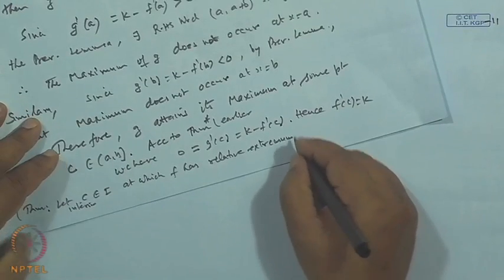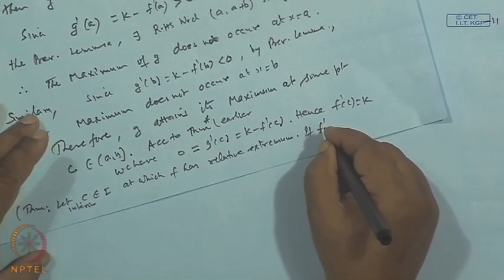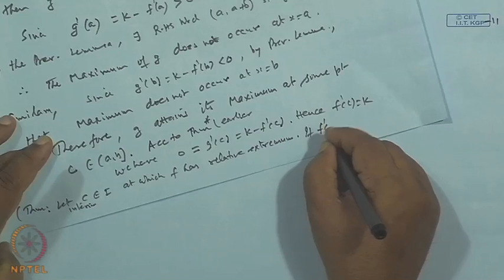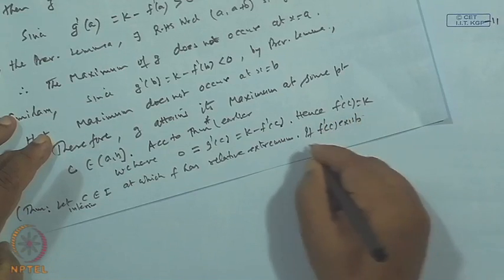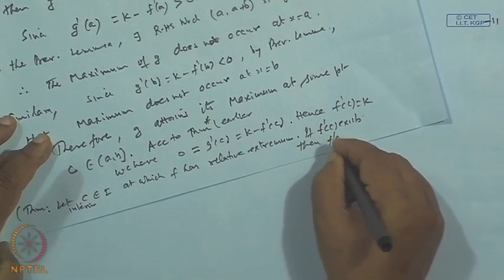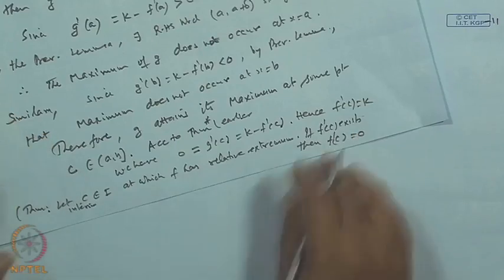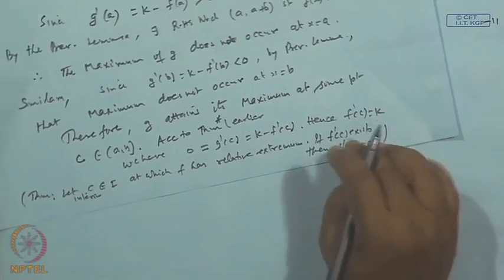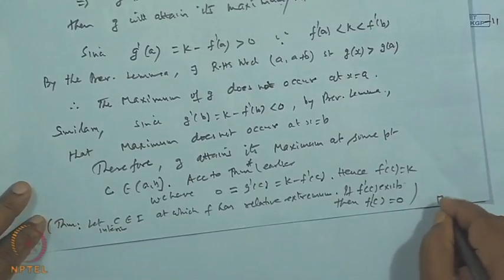Then if the derivative of the function at this point C exists, the value of this must be 0. This was the result which we have already proved. So, using this result we get this. Therefore, this completes the proof. Okay.